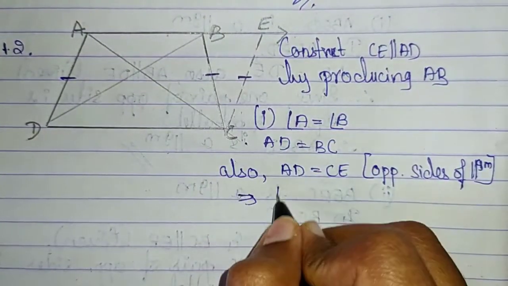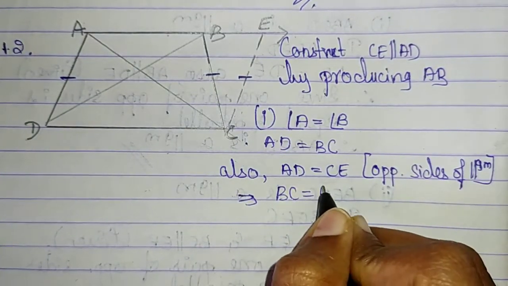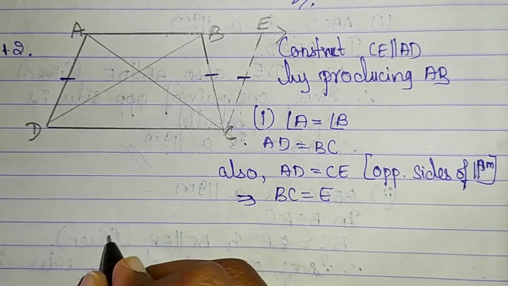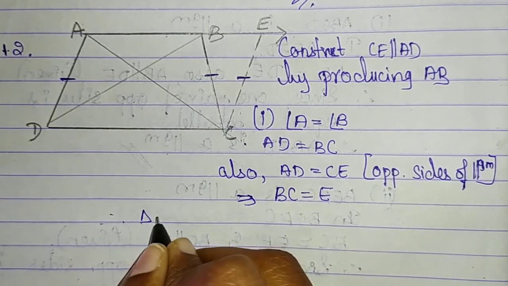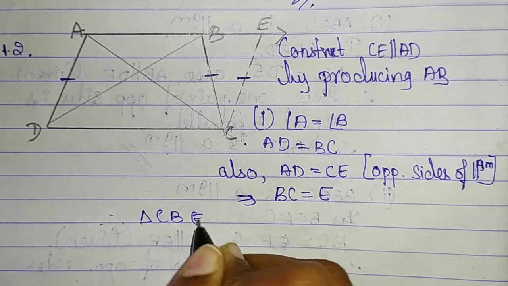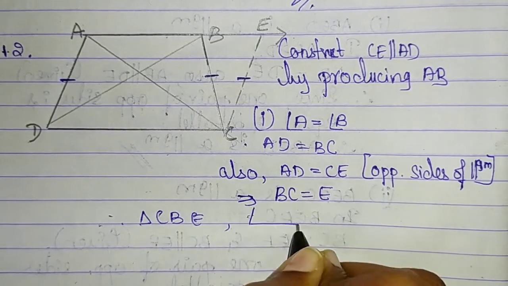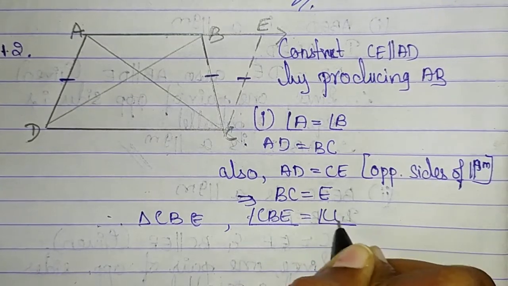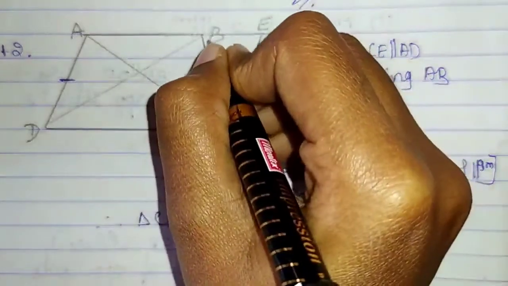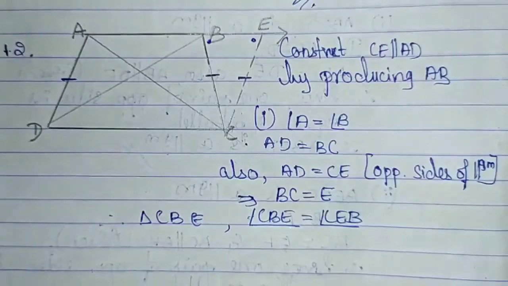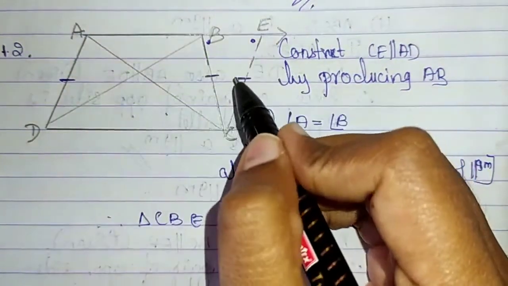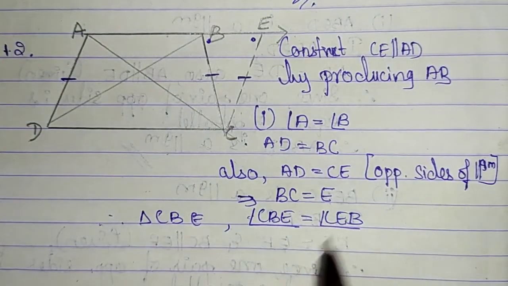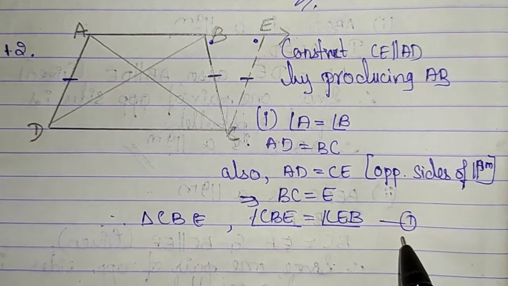This means BC is equal to CE. So therefore in triangle CBE, angle CBE is equal to angle CEB. This is an isosceles triangle, so the angles opposite to the equal sides are equal. This is our result 1.